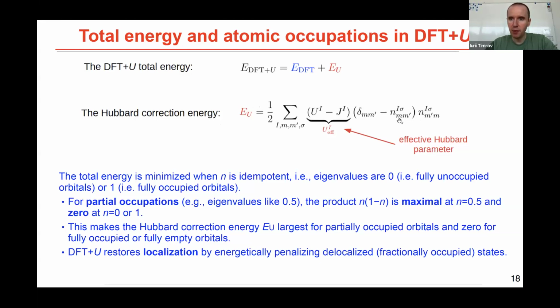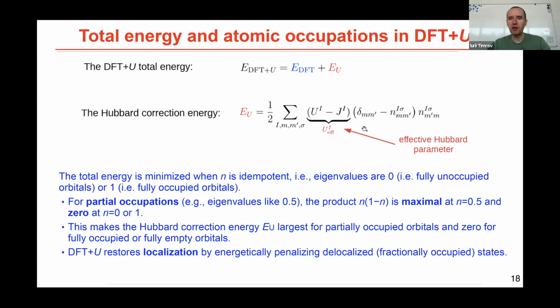But whenever n is partial, between 0 and 1, let's say 0.5, exactly at 0.5 the energy would have the maximum value. That's when you activate this Hubbard corrective energy. Basically, it's the maximum penalty. So this Hubbard corrective energy acts like a penalty. Whenever your states are already fully occupied or empty, 0 or 1, you don't touch them.